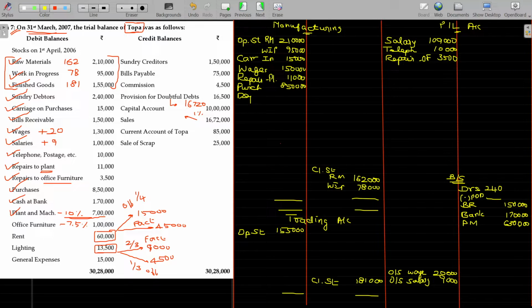And depreciation of plant and machinery related to the manufacturing, right? So it will appear in the manufacturing account. Any assets related to the factory and any expenses related to that factory items will be debited only in the manufacturing account. Either repair or rent or lighting, electricity, then depreciation, everything will appear only in the manufacturing account. The value being 70,000.